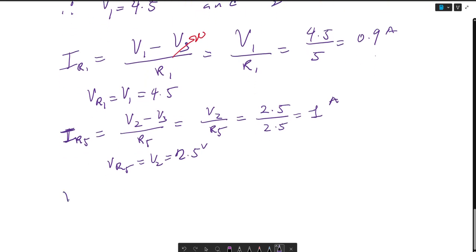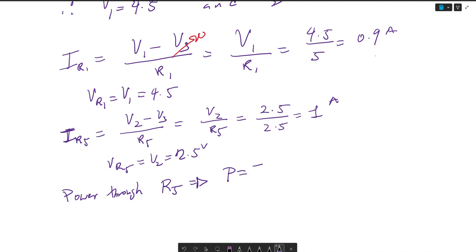If you wanted to find the power through R5, if you remember, P is equal to IR5 squared R5, which is equal to 1 amp squared times 2.5, which is 2.5 watts.